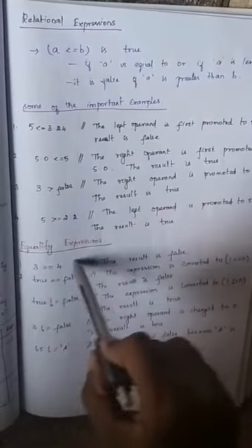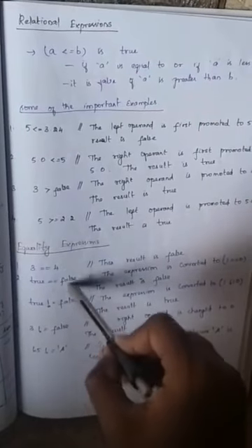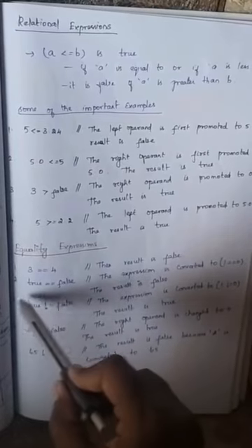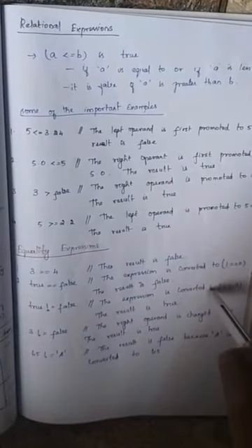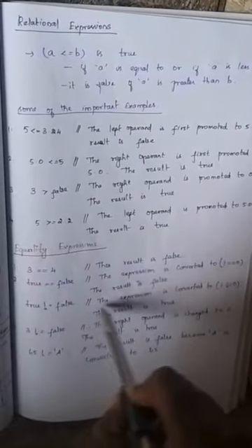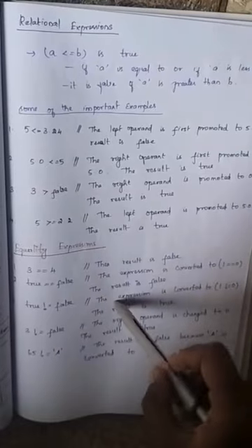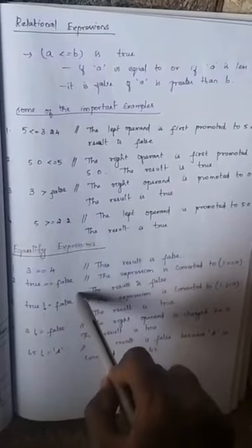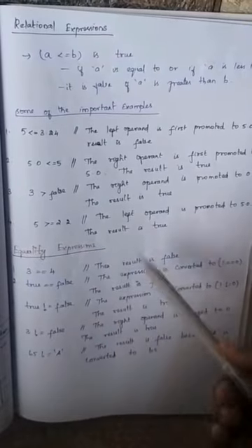We see some important scenarios behind the equality expressions. True is not equal to false is converted to 1 not equal to 0, so this result is true. Why? Here true is converted to 1, which is not equal to 0. That's why it is true.